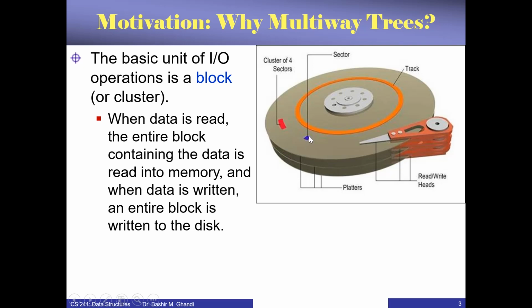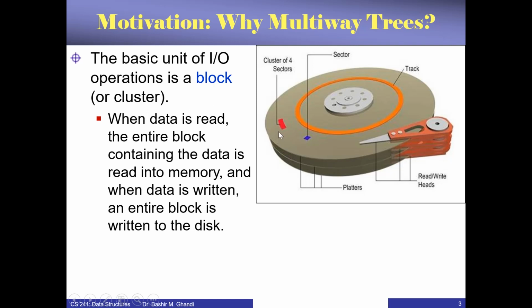Now a block is actually a collection of sectors. Usually multiple sectors will form a block. What you are seeing here in red, for example, is what is called a block or a cluster.